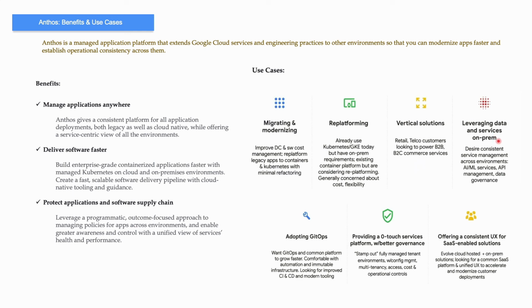Leveraging data and services on prem. So, desire consistent service management across environments, AI/ML services, API management, data governance. Most often, any application running on cloud needs to connect to on-premises for either stateful requirements or accessing large amounts of data, and especially for AI and ML, there are a lot of use cases where they need to reference a lot of different sets of data.